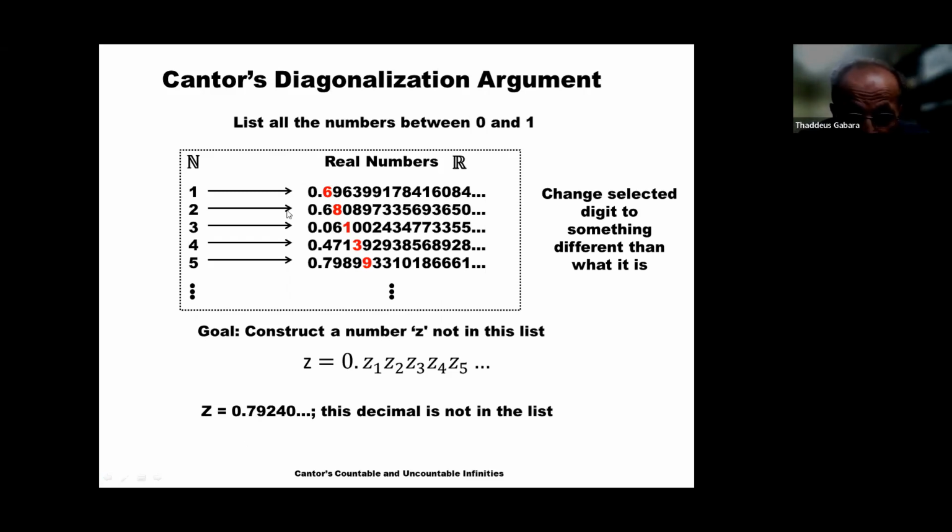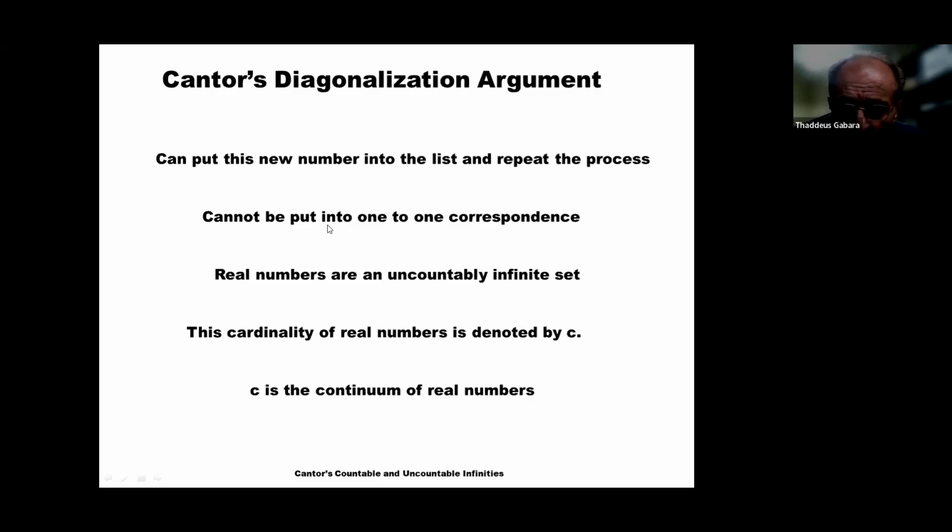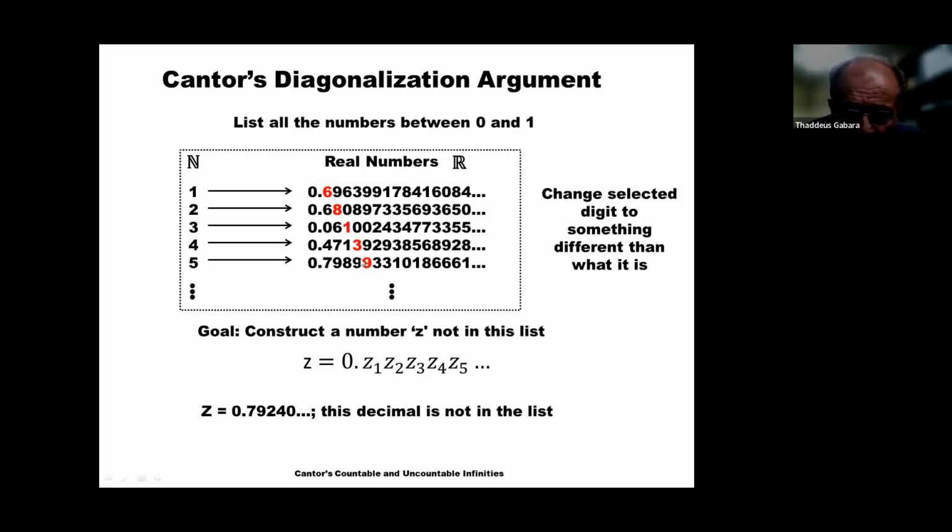Then he goes to the next number and picks the second one on the list, 8. He brings it down, changes it to a 9. This number, 0.79, is neither in this line nor in the second line. And we can continue doing this and build up this number from the diagonals where we change the value that exists there.